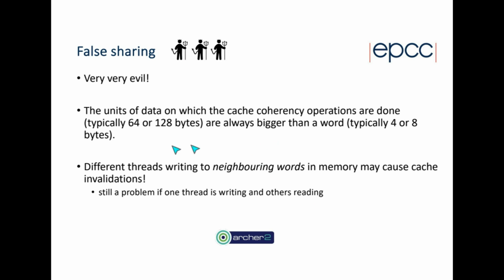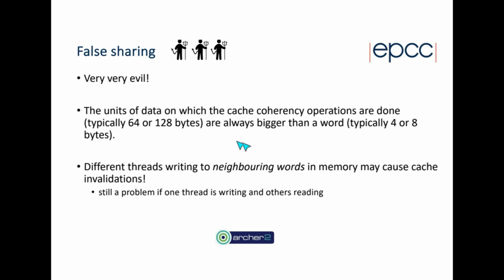But the problem here is that we talked about these cache coherency operations, invalidating words, making exclusive copies and moving data around between caches. The units of data on which that happens are cache lines or cache blocks. The size of those is typically 64 or 128 bytes, but almost always bigger than a single word. Our data words in our programs are typically 4 or 8 bytes, depending on whether they're integers or double precision floating points or whatever.